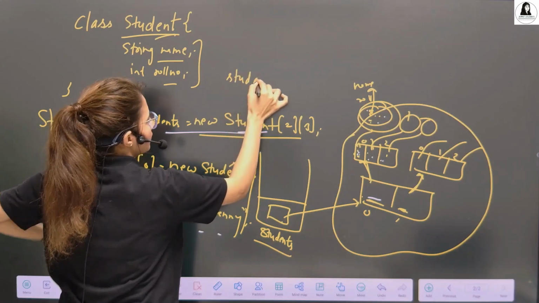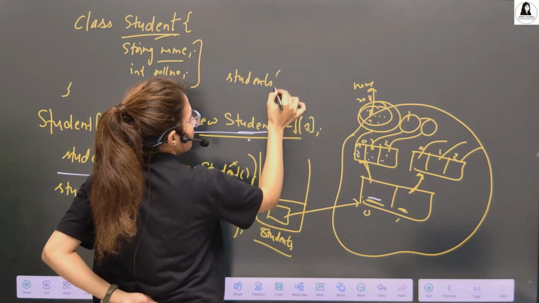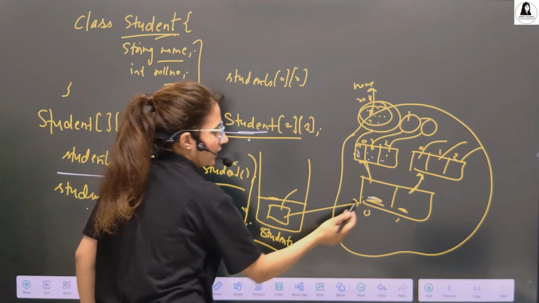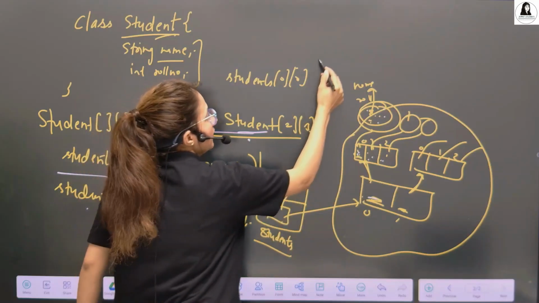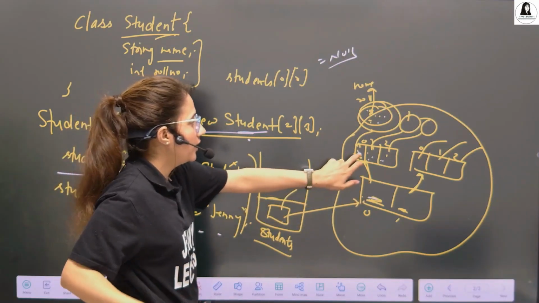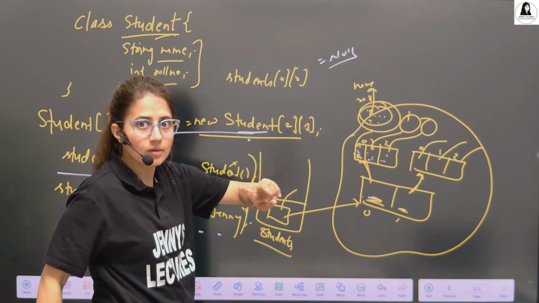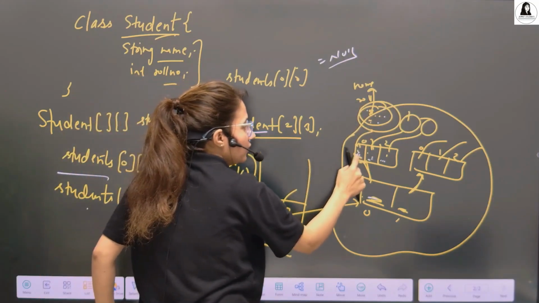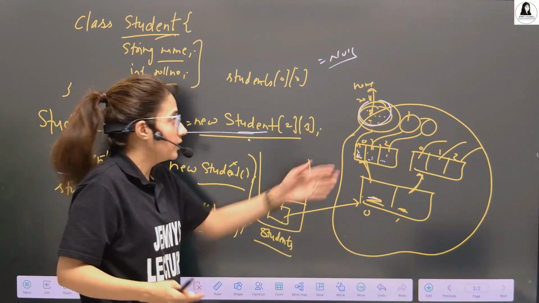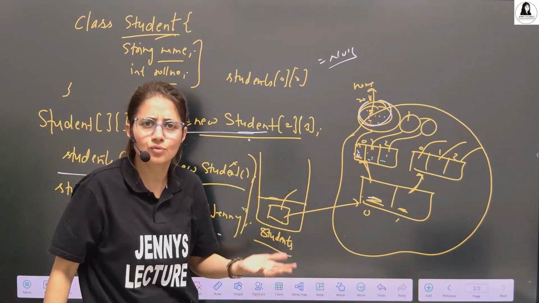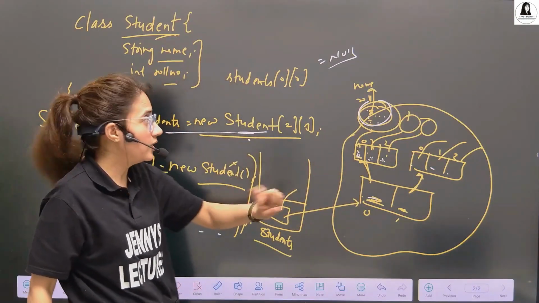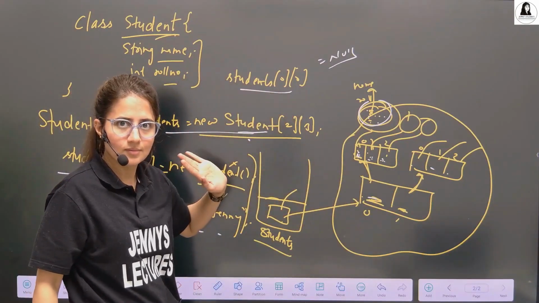I just want to access students[0][0] and print it. Students[0] means we reached here, again 0 means we reached here, and it is printing null. I have told you the actual object is not there. You have to create the actual object and it will store the reference to that object. Right now, because you haven't created any object, the reference is null by default. So here we have null, null, null, everywhere we have null. That's why it is printing null, right?